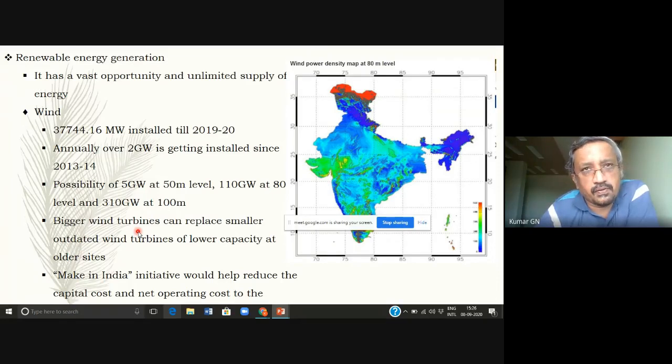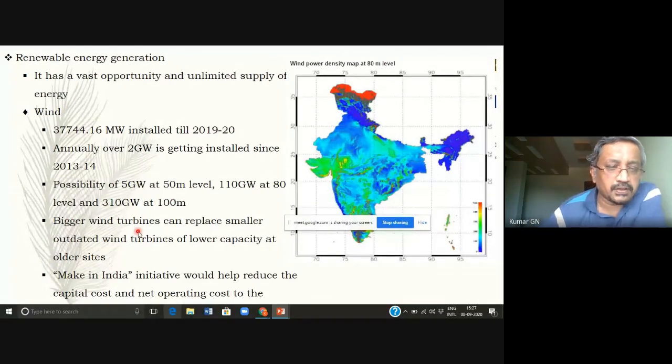For example, recently Chandrayaan, you may know, spent maybe 20 to 30% of the amount compared to NASA's moon exploration. What I want to say is, if we use our own knowledge and technology, the initial cost of the product will reduce.